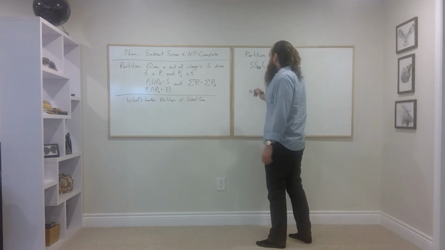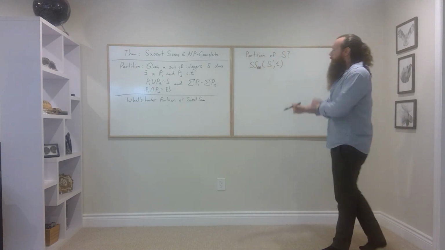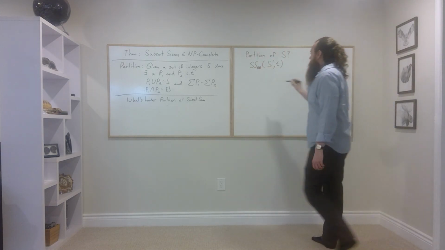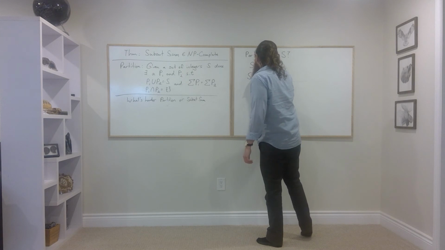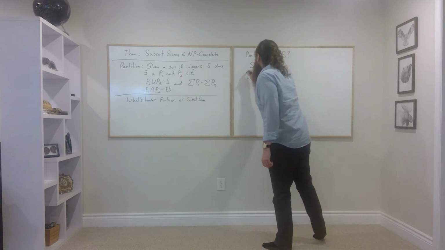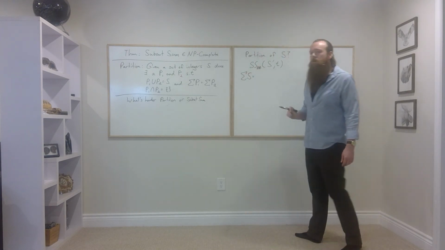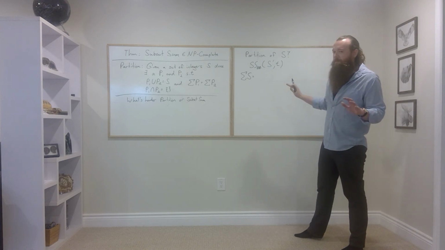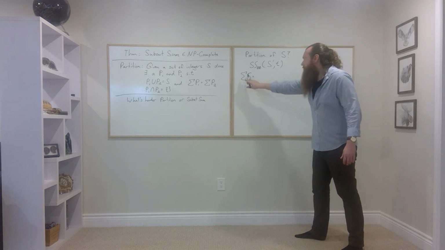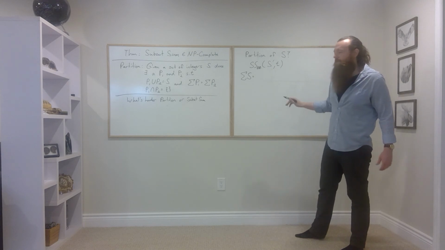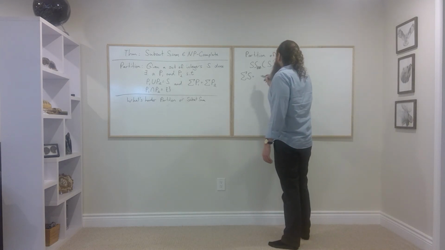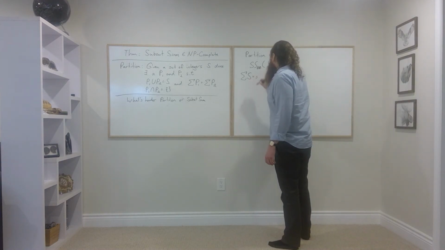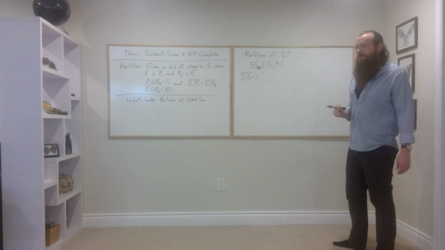Well, if I want to know the answer to this problem, what do I do? I first figure out what the sum of all these numbers is. So I sum up all the numbers in S, and I'm playing it pretty loose with this notation. When I do this, I mean I'm summing up all the numbers in that set, and let's say that equals lowercase s.